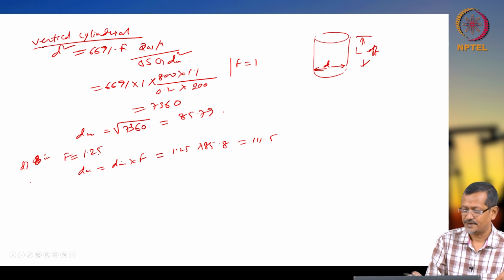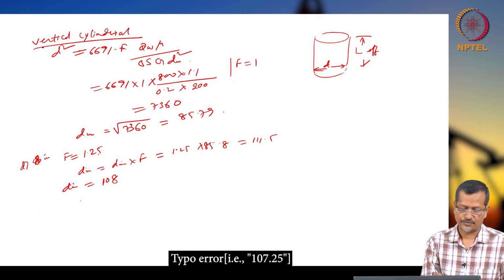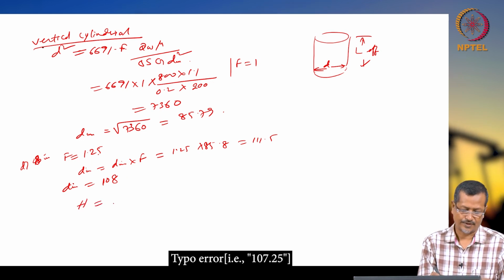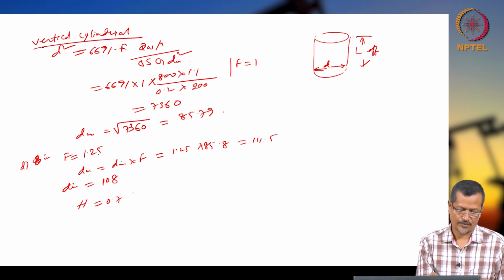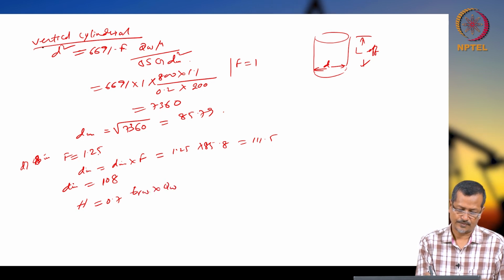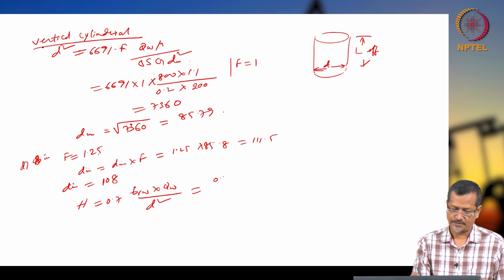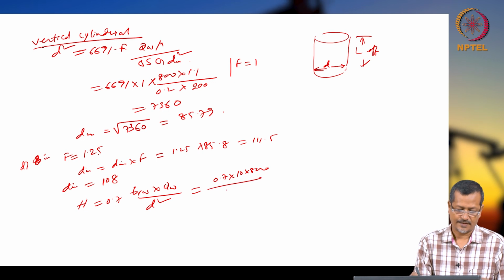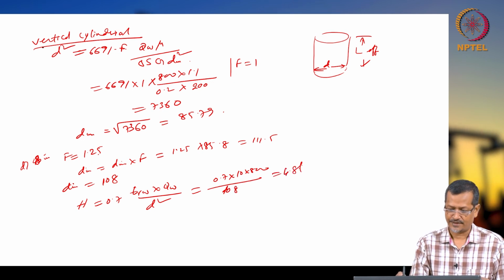After that they are assuming the diameter equals 108. Then they calculate the water height H, 0.7, a formula given previously, T R W Q W over D square. If you put in all the values, 10 into 8000, and D square with 108, it comes to 4.8 feet.